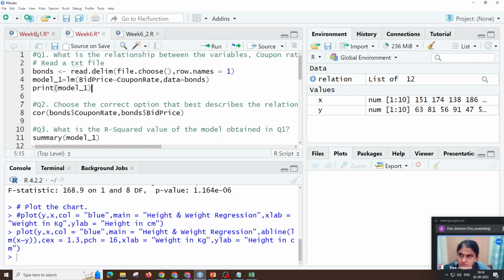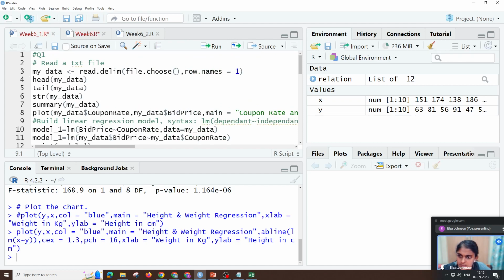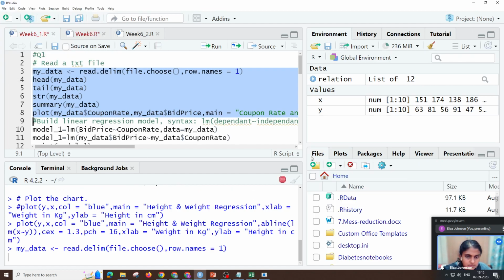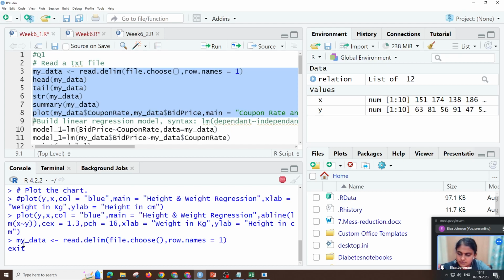I'll try with something else to see if the plot is working. Just wait a moment.